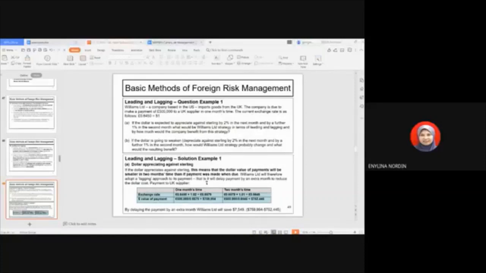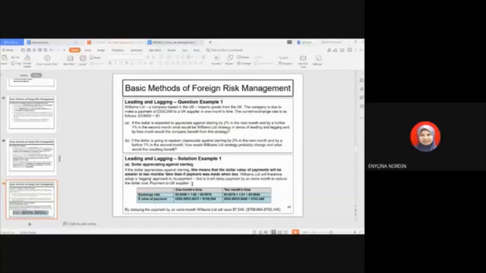That is, it will delay payment by an extra month to reduce the dollar cost, until the second month, even though the amount is due in 1 month's time. So this will have another implication with the supplier in future.